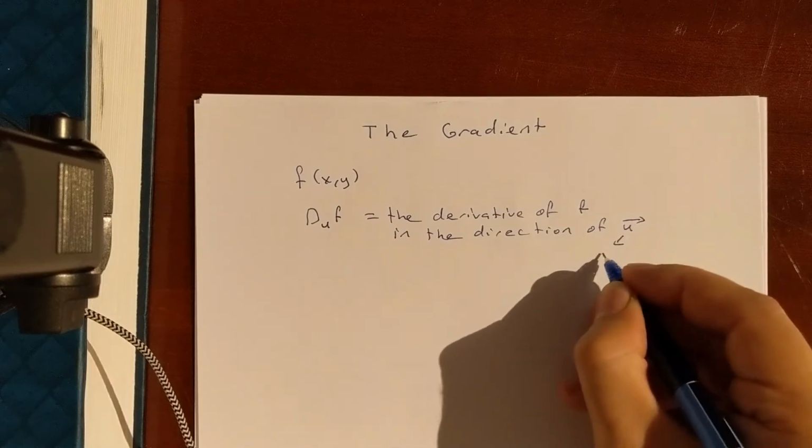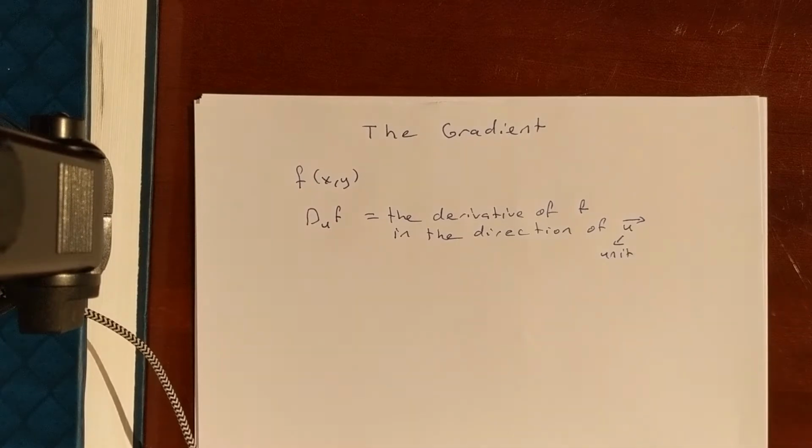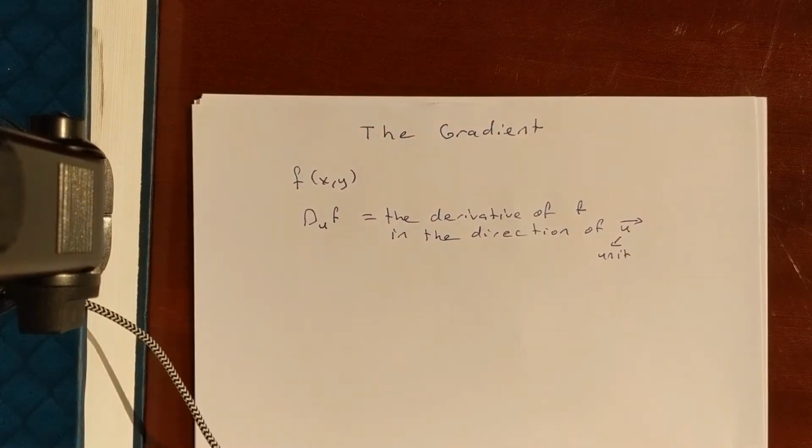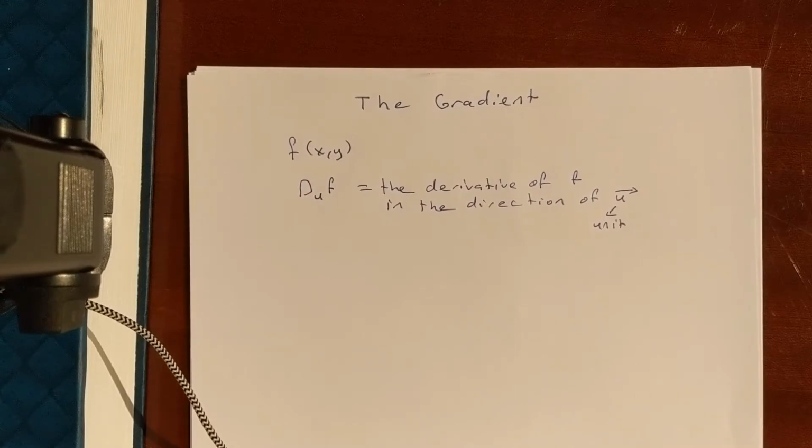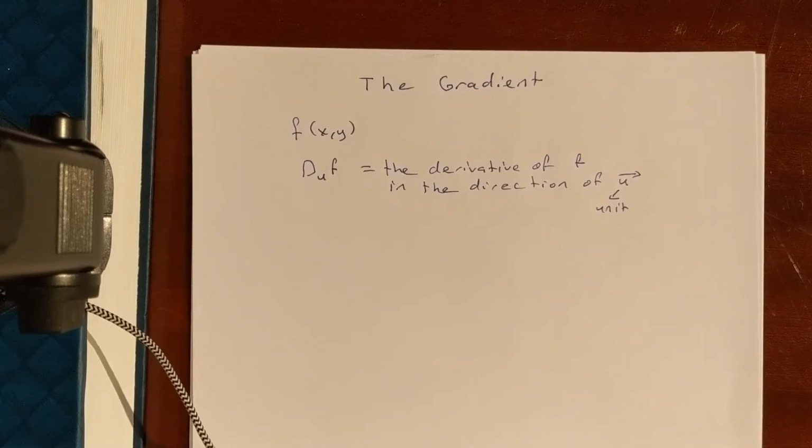This was always going to be a unit vector. If it wasn't a unit vector, if they just gave us some other vector, we just divide by its length. Otherwise, it didn't make much sense. So we saw this last time. I cut up a QE for you guys to show how it will look.